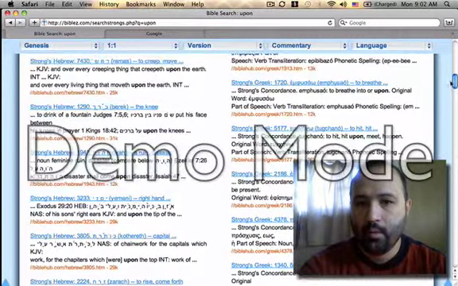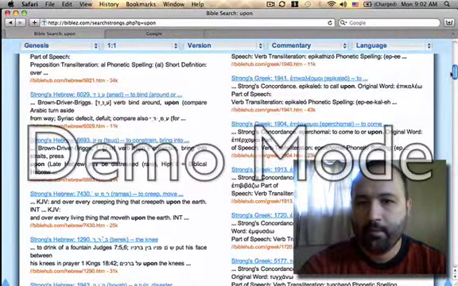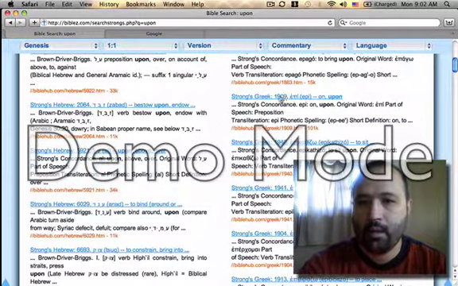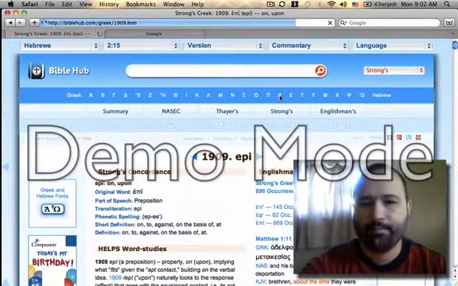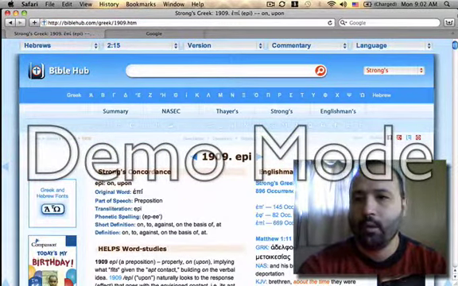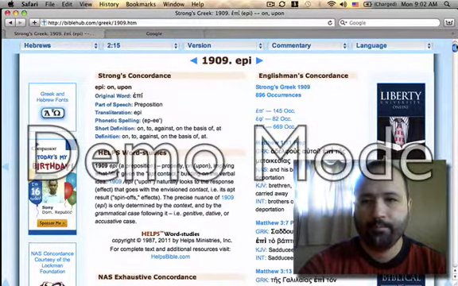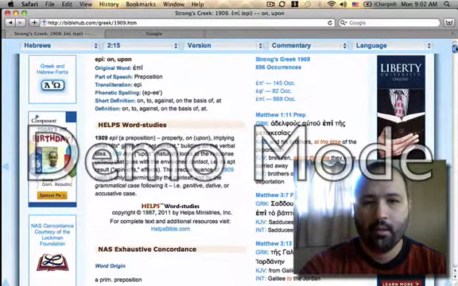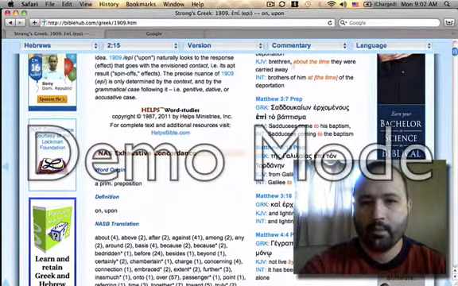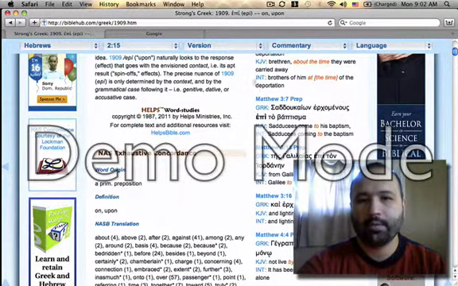So upon, we know it's epi, but let's look for epi and basically all its details, which is what I just showed you in my study guide. Here's epi. See that? Here it is right here. Here's all its biblical contextual uses.